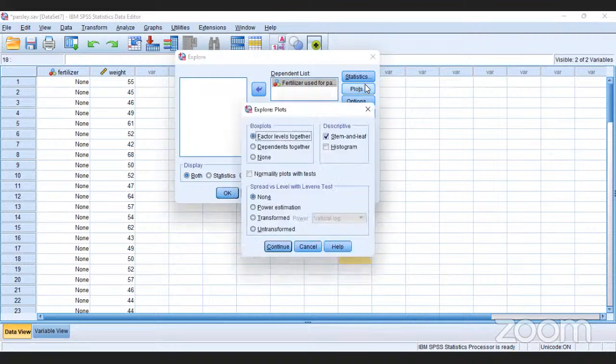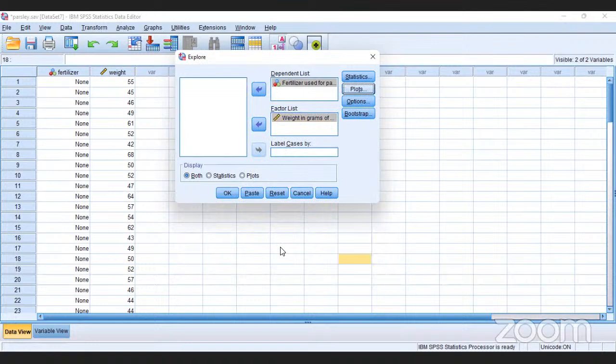Plots. Glory, what she said, is she right?